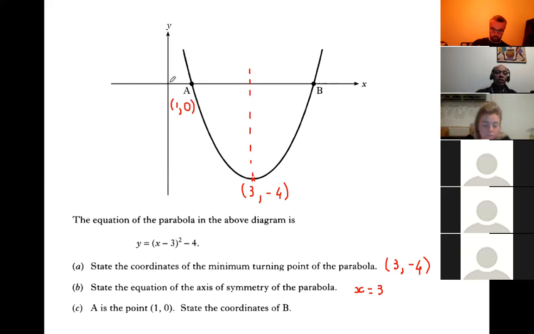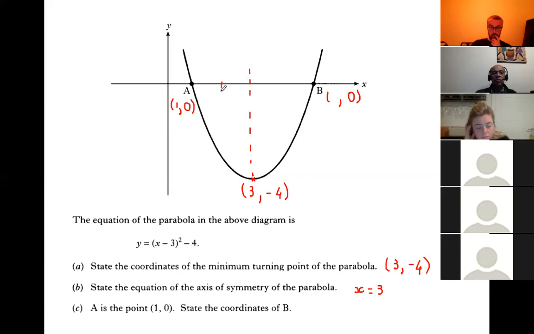So y is 0. So for B, you're going to have y = 0 as well, because these are what we call the x-intercepts, remember? Those 2 points are what we call the roots. It's where this parabola cuts my x-axis. I've got (1, 0). What you could do is from 1 to 3, how many steps do you have? 1, 2.